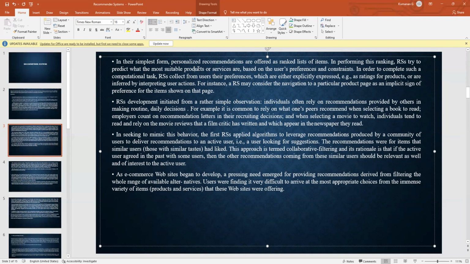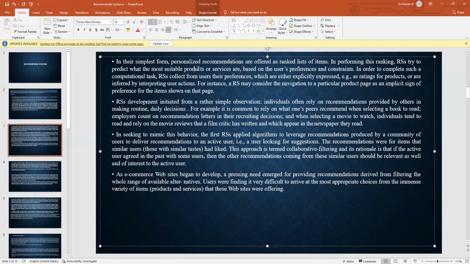In order to complete such a computational task, the recommender system collects from users their preferences, which are either explicitly expressed, for example as ratings of products, or are inferred by interpreting user actions. For instance, a recommender system may consider the navigation to a particular product page as an implicit sign of preference for the item shown on that page.